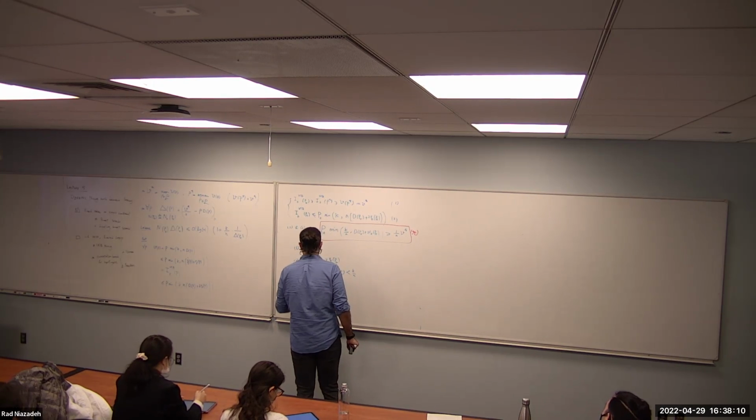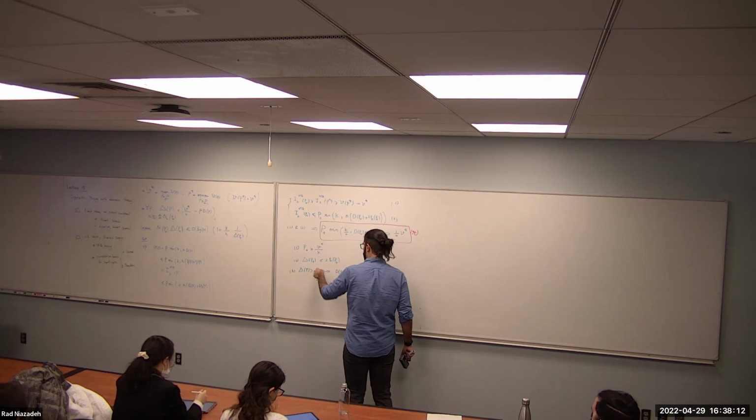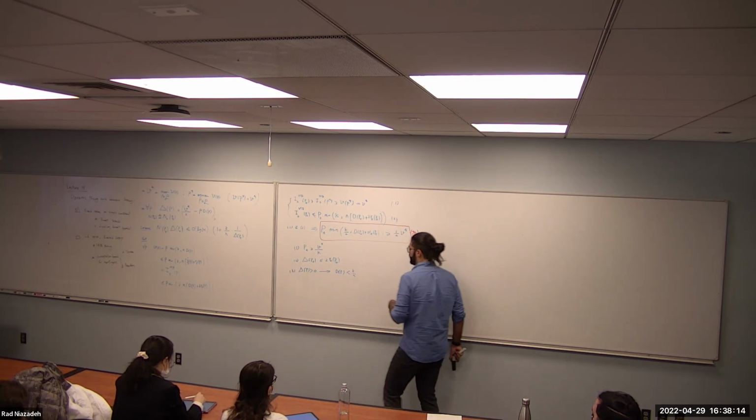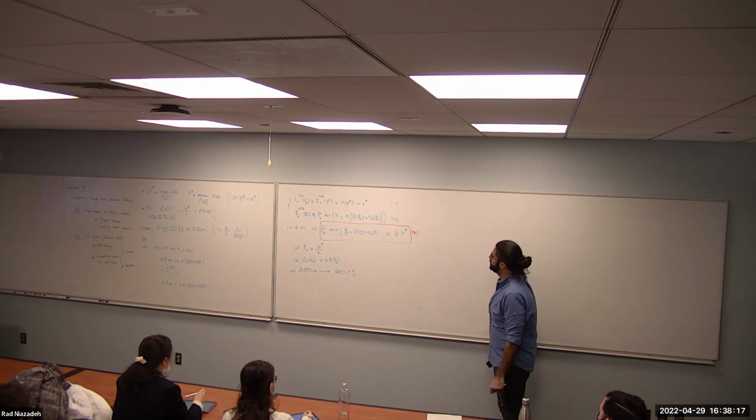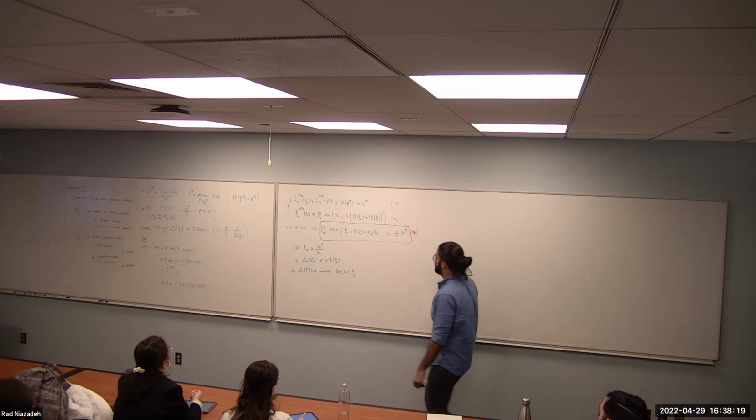If you have any price where delta P is greater than 0, then the demand is going to be at most K over N. Where is this coming from?